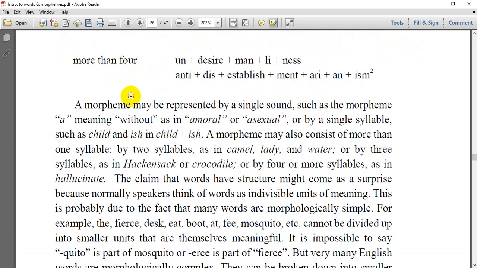So a morpheme may be represented by a single sound, like the morpheme a, which means without, as in amoral, asexual. Or by a single syllable, such as child, childish, ish in childish.